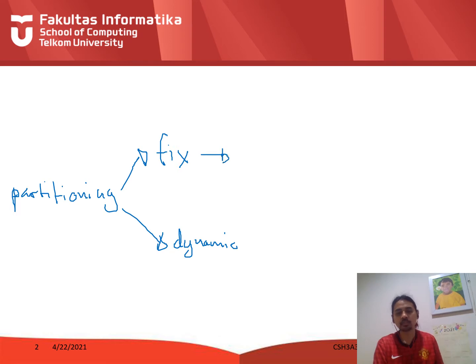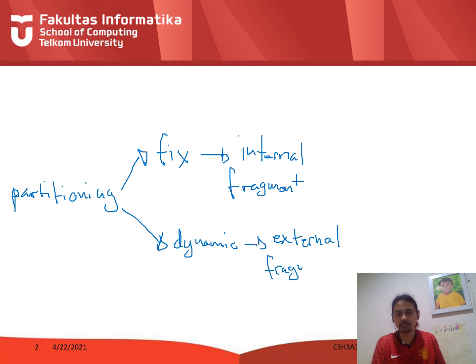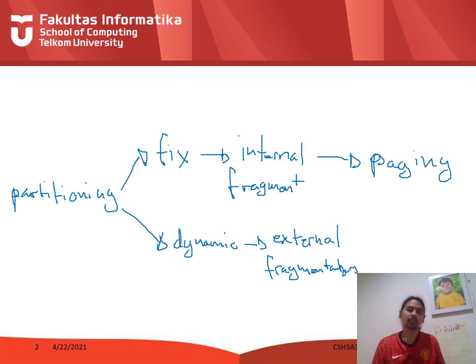Fixed partitioning has a problem called internal fragmentation, and dynamic has external fragmentation. And so we have a solution for internal fragmentation, which is called paging. And this is what we are going to discuss now.